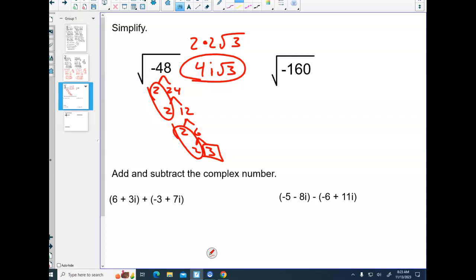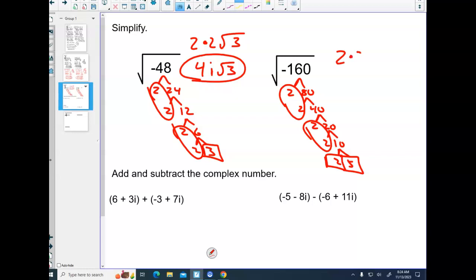With 160, 2 and 80, 2 and 40, 2 and 20, 2 and 10, 2 and 5. Pair of 2s, pair of 2s. There's a 2 left over and a 5 left over. I always like to box the prime numbers that are left over.